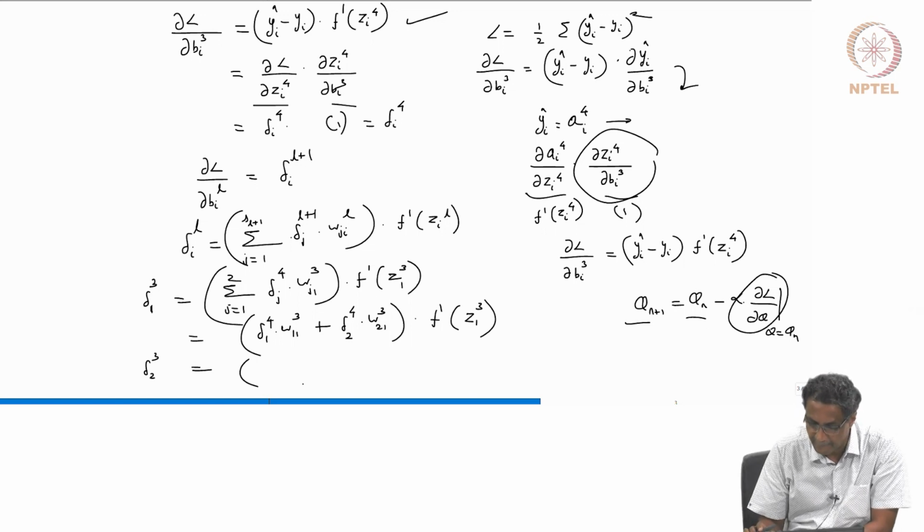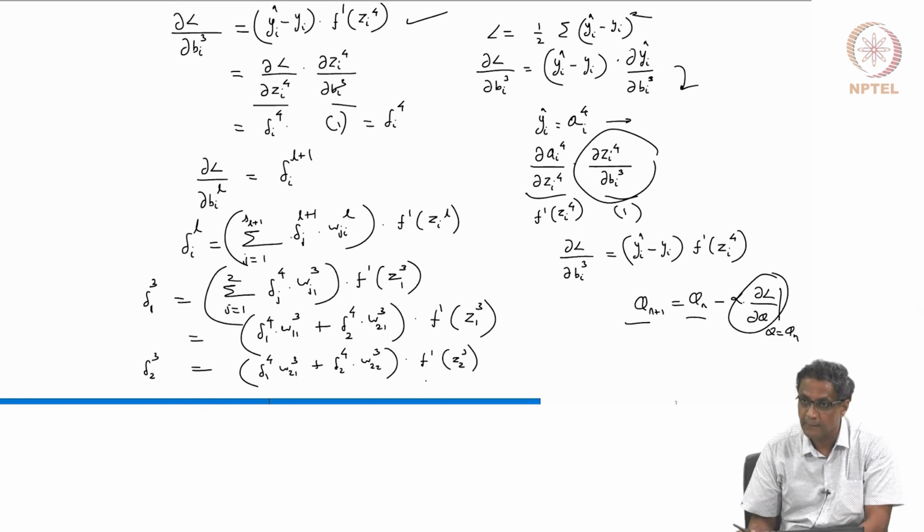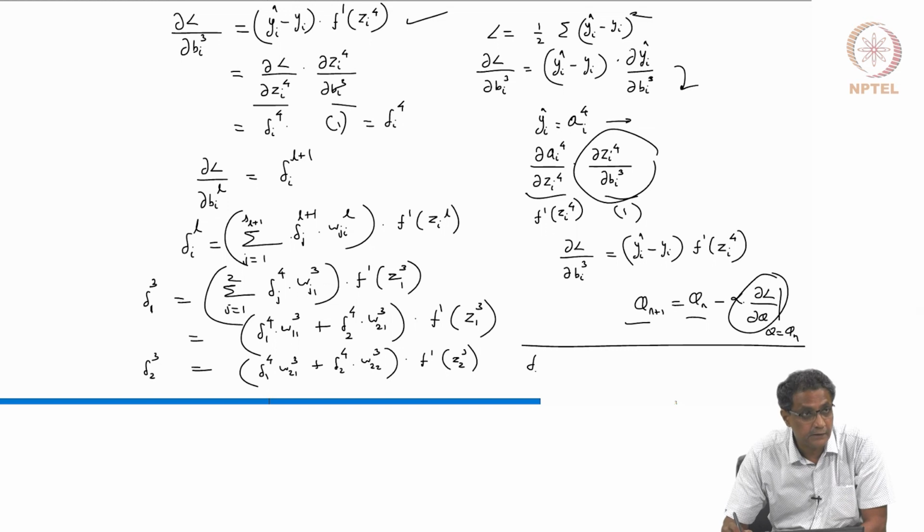Delta 2 3 will be delta 1 4 W 2 1 3 plus delta 2 4 W 2 2 3, into f dash of z 2 3, and then we can have delta 3 3.